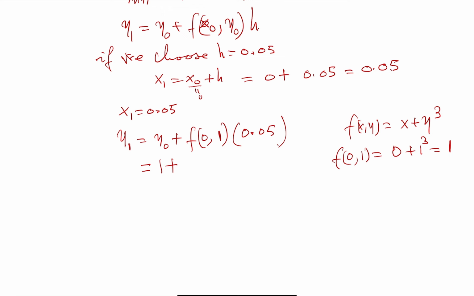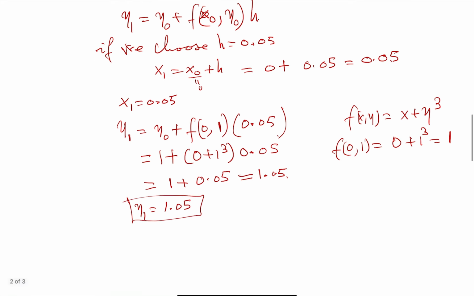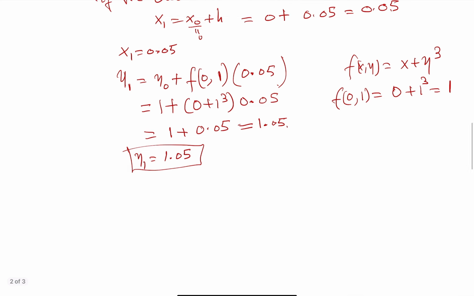We have 1 plus, in parentheses, 0 plus 1 to the third, times 0.05. And then here we will have 1 plus 0.05, and that gives our first approximation, y1 is equal to 1.05. That's our first one. The second one now, you can keep going.